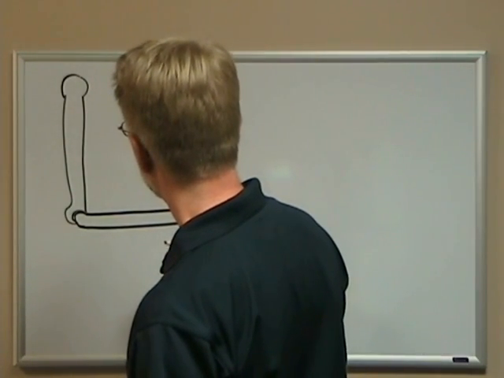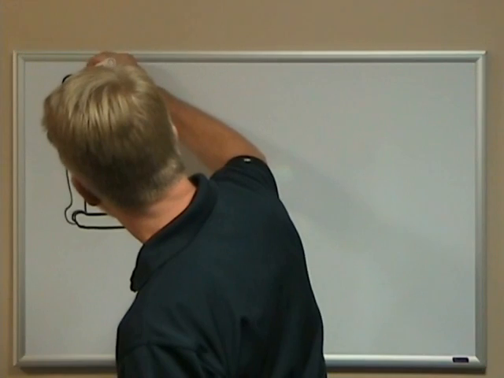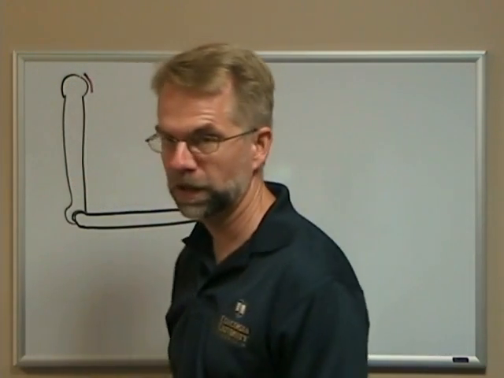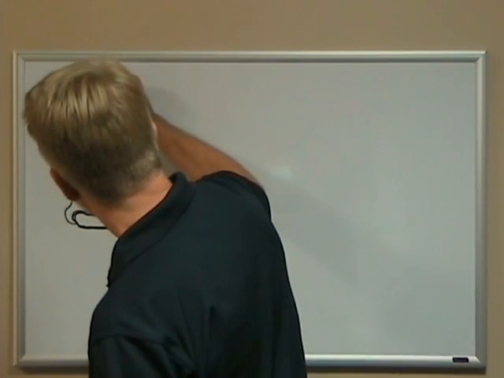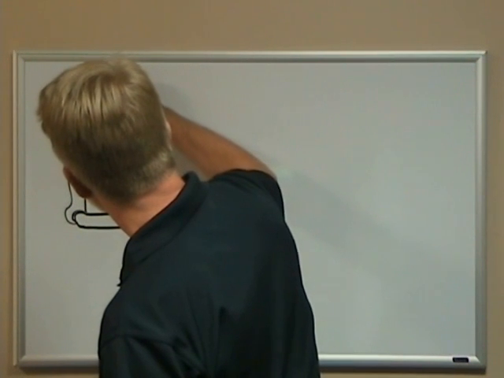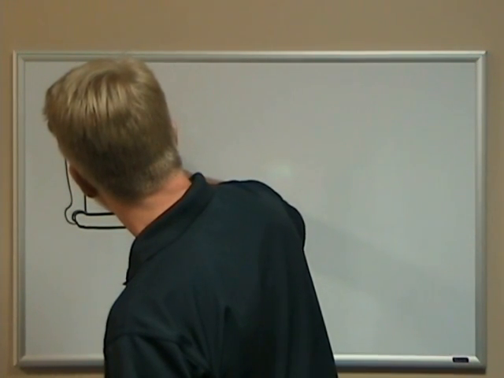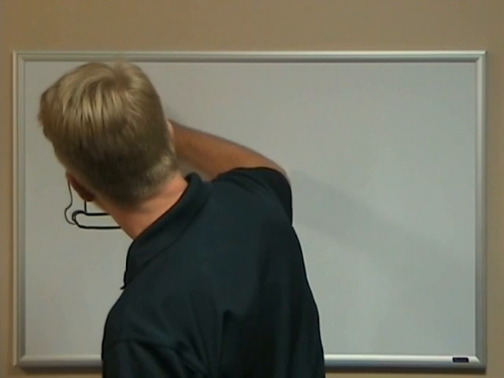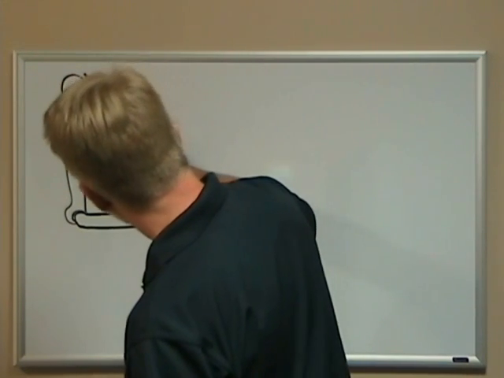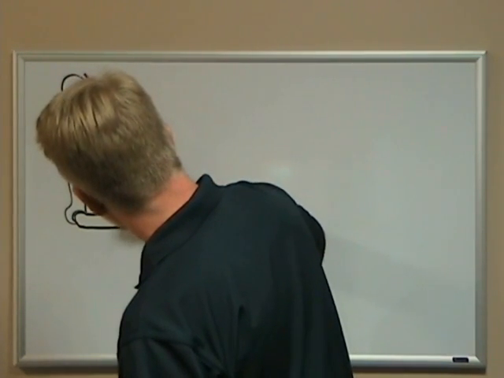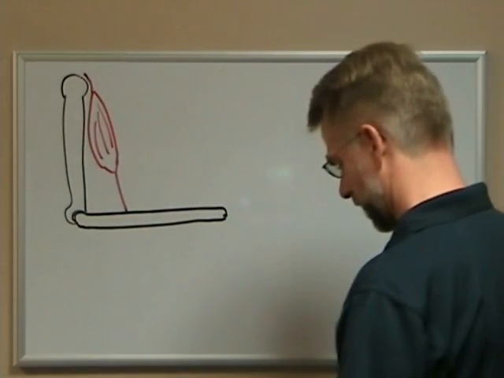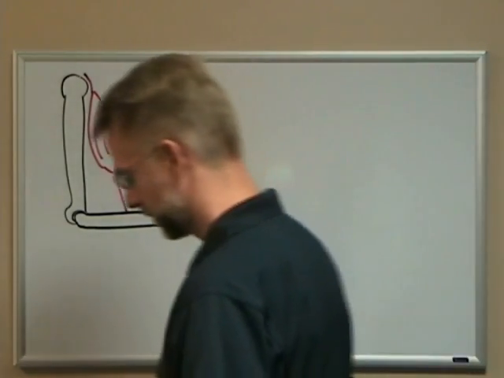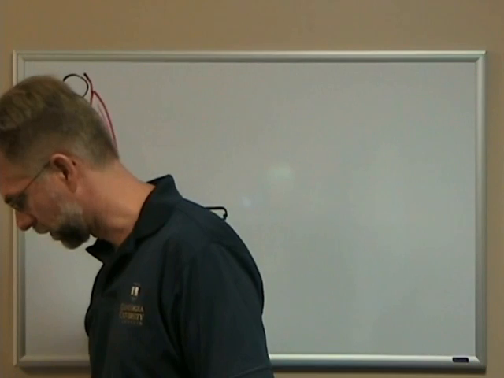Then from here we have, let's say, the long head of the biceps, and here's the biceps muscle, and it's going to insert down here on the forearm, actually on the radius.